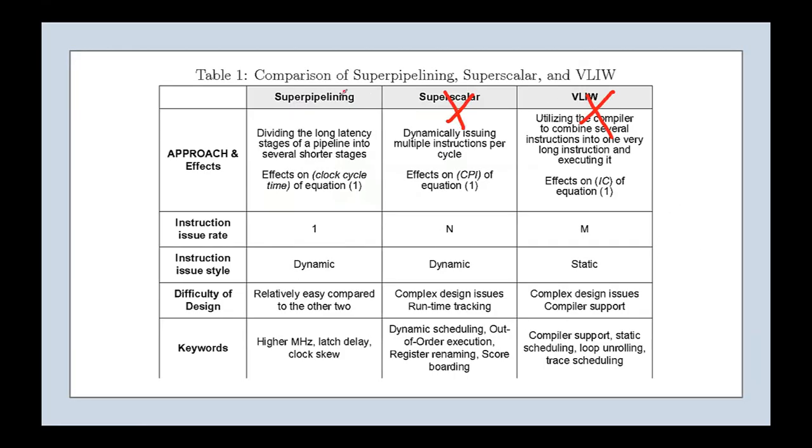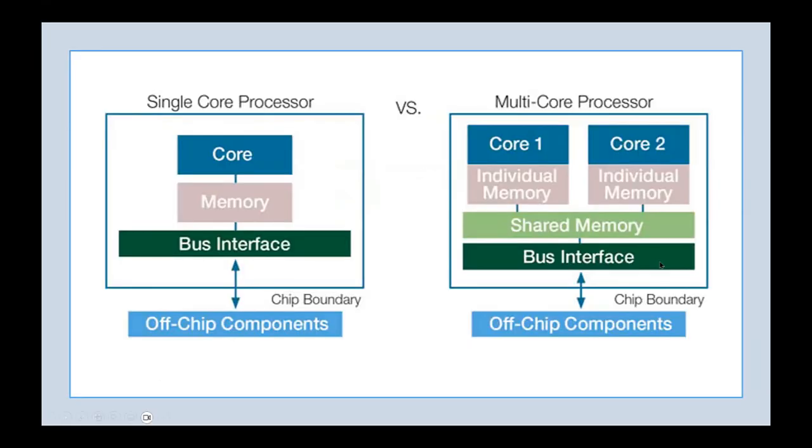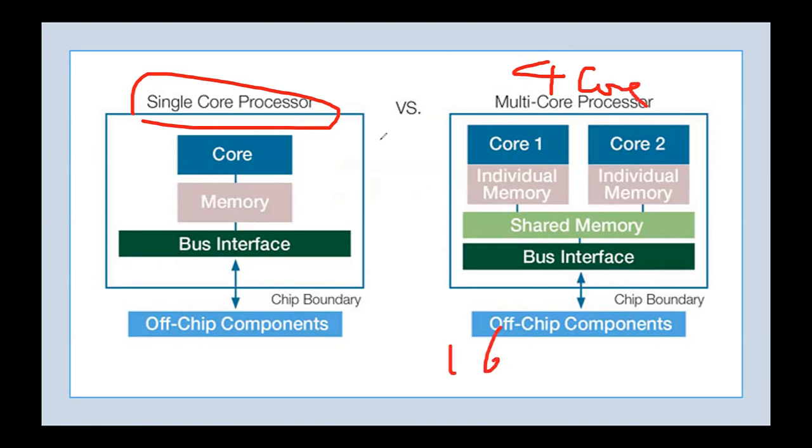This won't be tested, okay? So don't worry, this won't be tested. I'm just giving you the idea. And then you may have a single core processor, a 4-core processor, or a 16-core processor. A single core processor means that you have a CPU with some memory that talks to outside I/O.